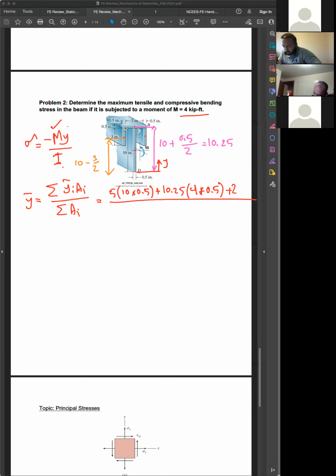So this guy would be 3 over 2. So 10 minus 3 over 2 would be 8.5, right? So we can say 2 times 8.5 times the area of them, which is 3 times half. Oh, it is difficult to write there.